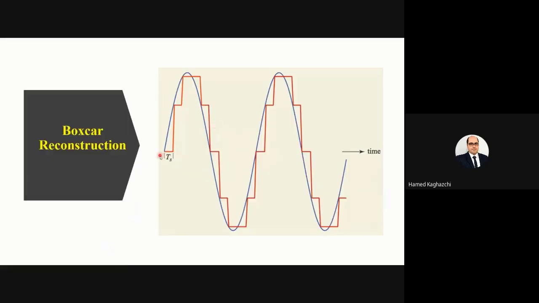Look here. Suppose that this is my sampled digital signal. How can I obtain these pulses? Reversely, what did we do in the analog to digital conversion?